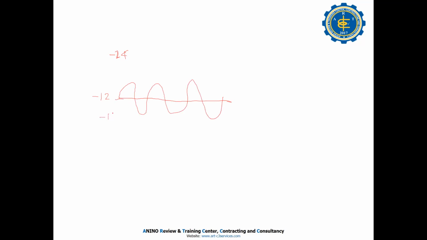So this is negative 10, negative 8, negative 14, and so on. So you got the point. There is the proximity probe here. When it runs, the reading is on this side.